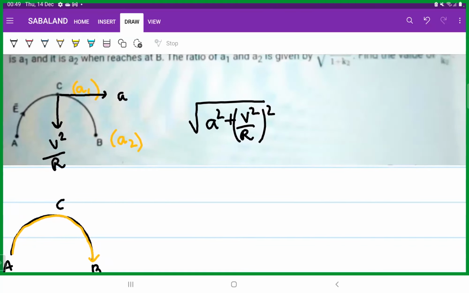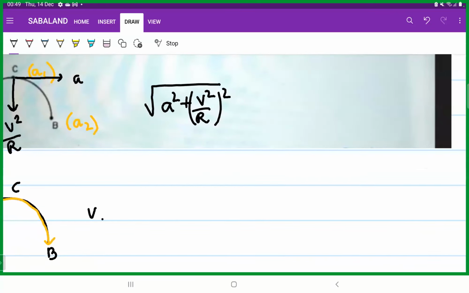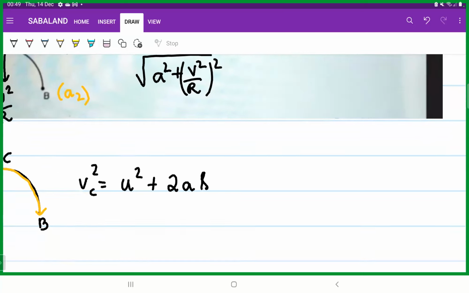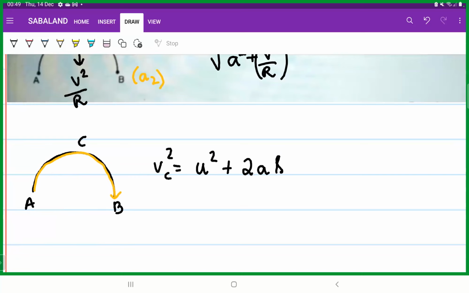So let's begin. Let's say the velocity at point C is Vc. The value of Vc we can find using the formula v square equals u square plus 2as. Now you might have this question that this is a circular path, right?